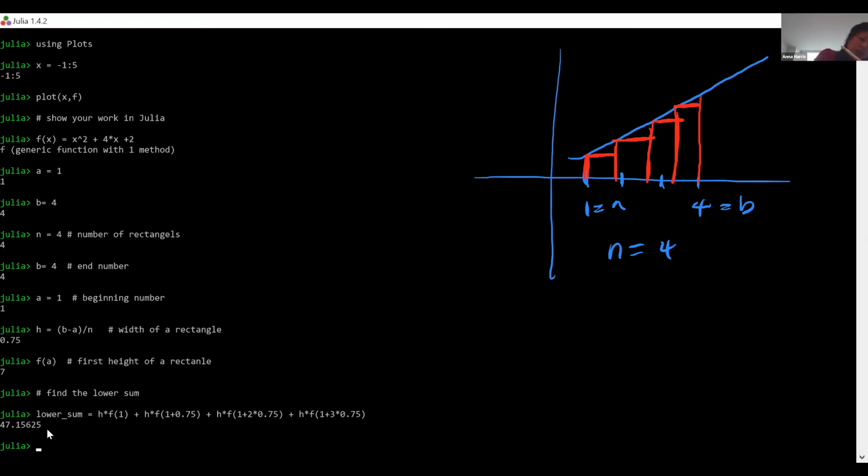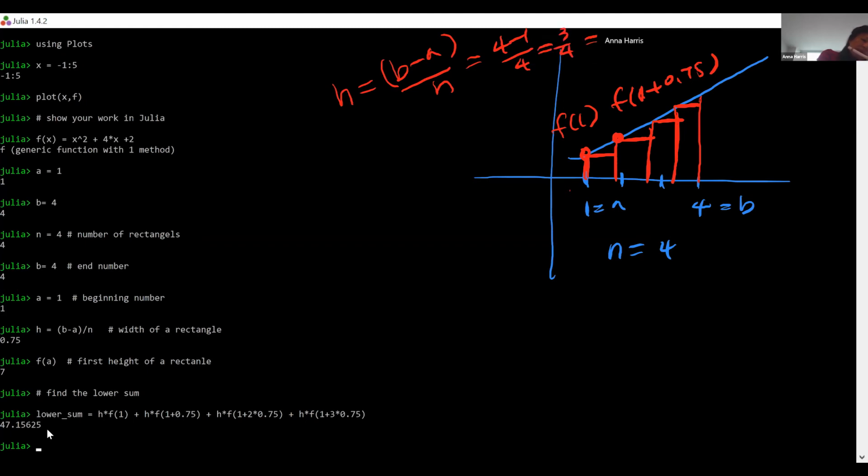This height right here is F of 1. Next one over here, this height is F of 1 plus 0.75, because the width, I call it H, is equal to B minus A, everything over N, which is the same as 4 minus 1 over 4, which is 3/4. That's the same as 0.75. That's my width.